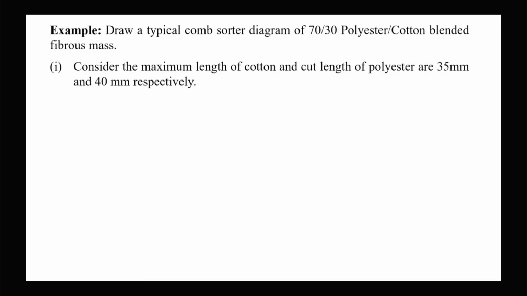So what are the conditions given? Consider the maximum length of cotton and cut length of polyester are 35 and 40 millimeter respectively. So the maximum length of cotton is 35 mm and 40 millimeter is the cut length of polyester, and 70/30 we are talking about the shape of the comb sorter.